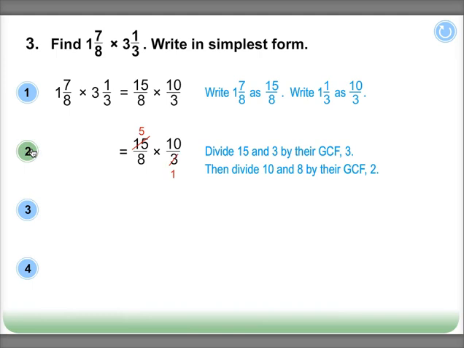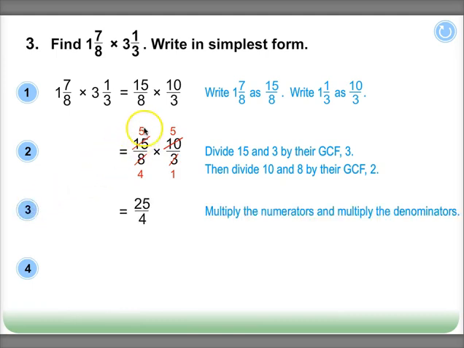We multiply those. Again, we can cross simplify, and this one we can cross simplify both of them because 3 and 15 will simplify and 8 and 10 will simplify. Now we end up with 5 times 5, which is 25, and 4 times 1, which is 4. Now we can't leave it as an improper fraction, so we divide 4 into 25, and it goes 6 times with 1 left over, and it's 6 and 1/4.